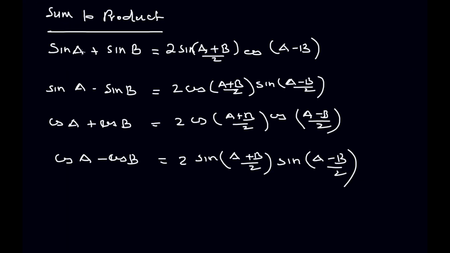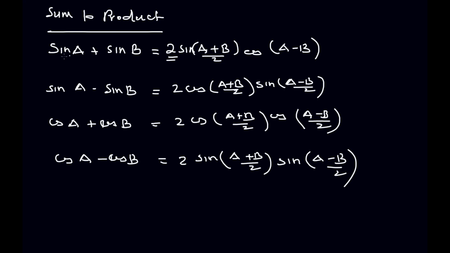So by the same design, we're going to get sine A plus sine B is equal to 2 sine of A plus B over 2, then cos of A minus B over 2. Notice the 2, and notice the combination of this.